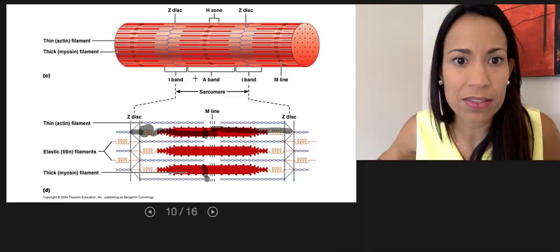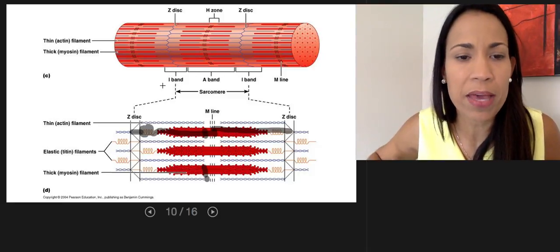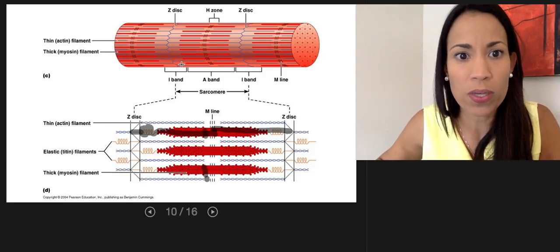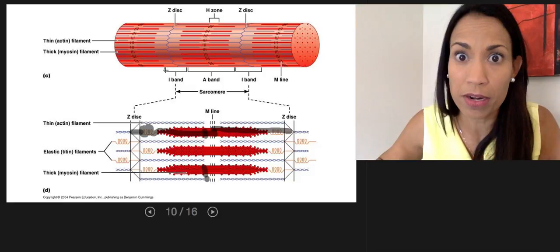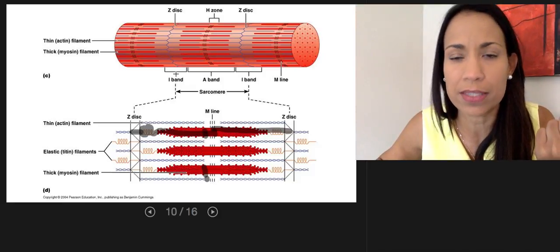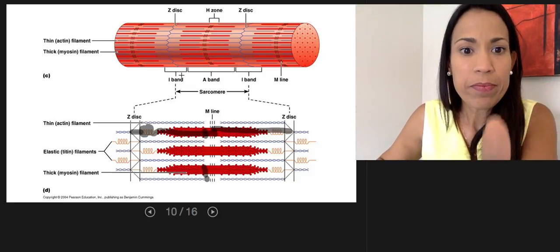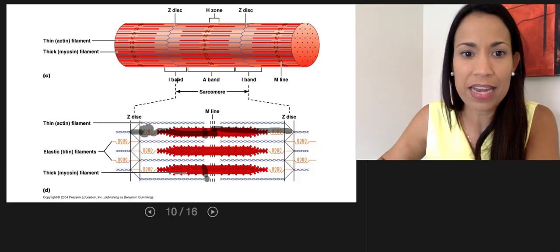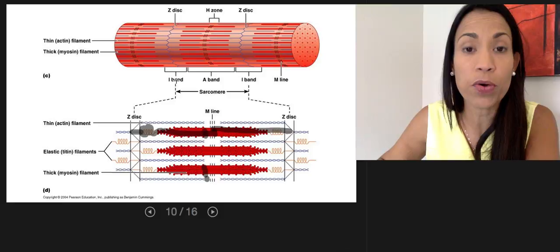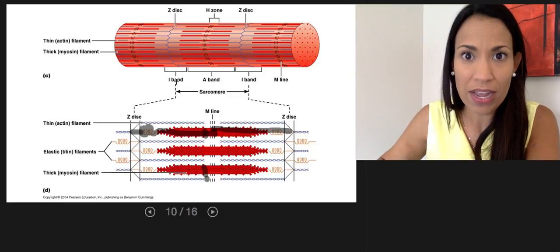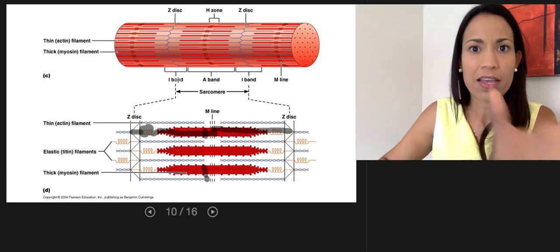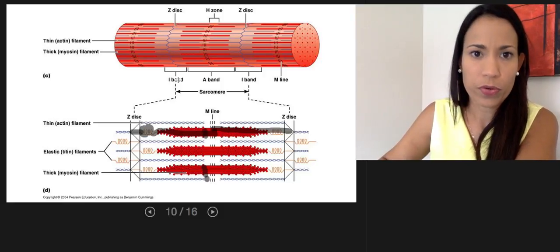That's the A band. On either side of the A band, we're going to find an I band, which includes two different sarcomeres: actin filaments from one sarcomere, actin filaments from another sarcomere, and right in the middle, a Z disc. It is important to have this concept very clear as we explain in the next video how the sarcomere contracts and how these elements change in a relaxed and in a contracted sarcomere.